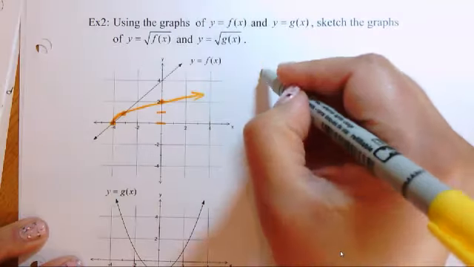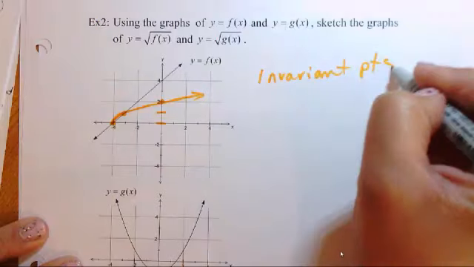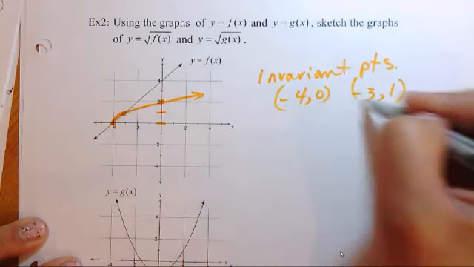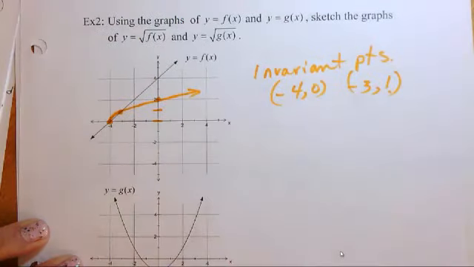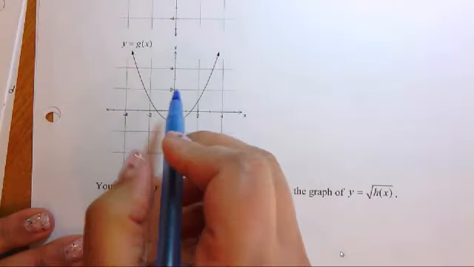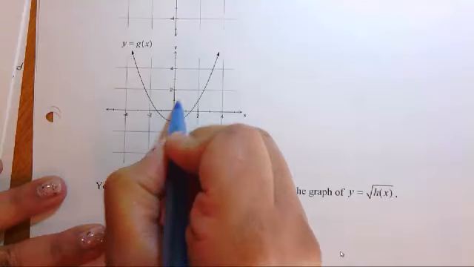Invariant points for this are going to be (-4, 0) and (-3, 1), and I can just read those off the graph. Any points over here, I'm going to do exactly the same thing. Make sure you're watching the scale that you have.